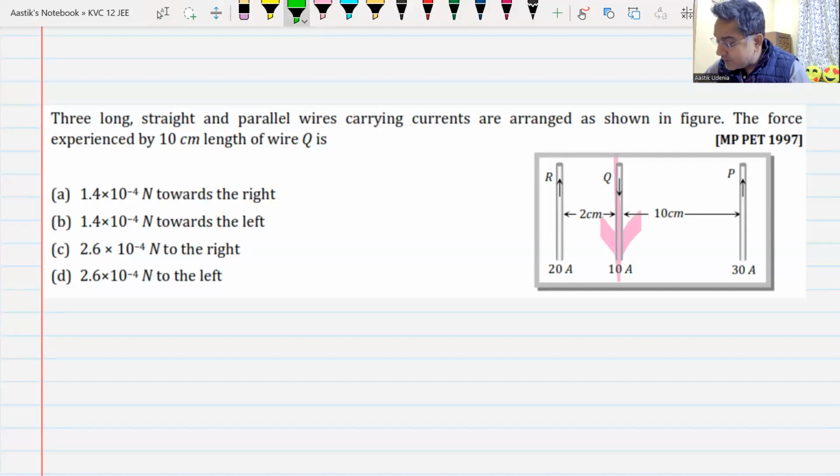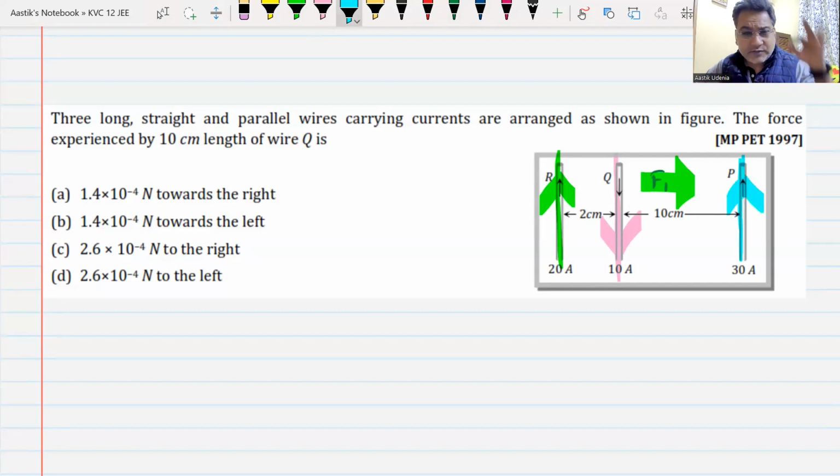Because of this green wire which is carrying current in the upward direction, will it experience attraction or repulsion? Repulsion. Let me call that the green force F1. Because of this blue wire which is again carrying current in the upward direction, will it experience attraction or repulsion? Repulsion. Let me call that force F2.